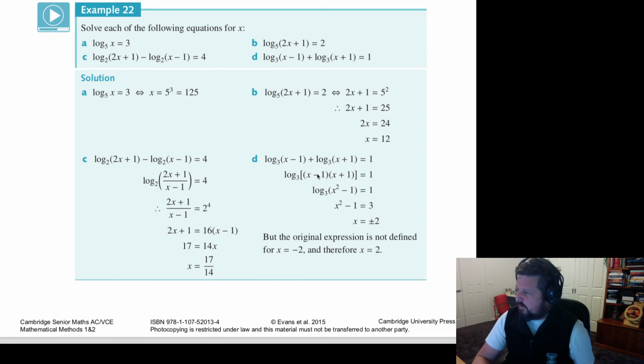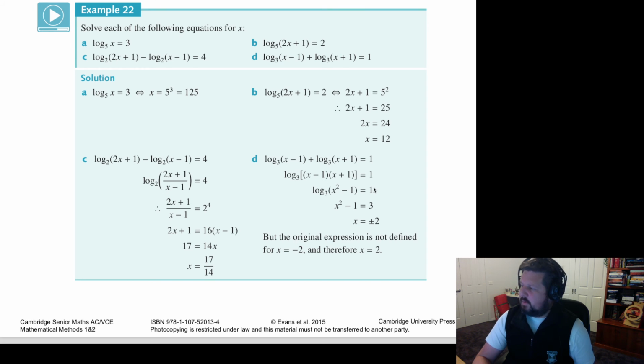It simplifies down to x squared take away 1 squared. 1 squared is just the same as 1. So that's how that expands out or simplifies down.